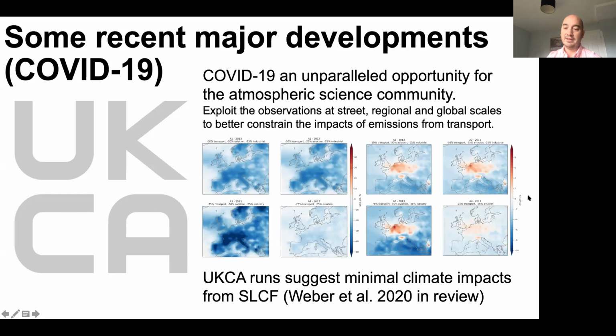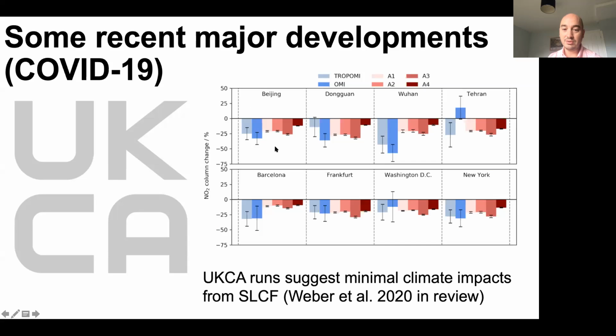We've got this unique opportunity to try and understand how the Earth system responds to big emission changes. And so far, what we see is that we're able to capture things like changes in NO2 compared to satellite data, and the changes that they have on ozone. And then what we see in the runs here, which James Weber has led and led to a paper which is currently in review, is that there are minimal climate impacts from these changes.